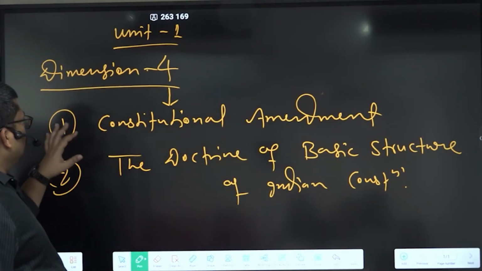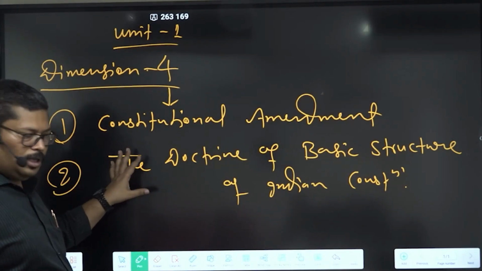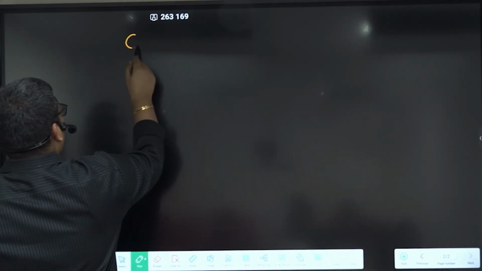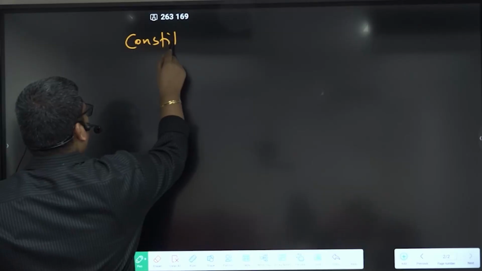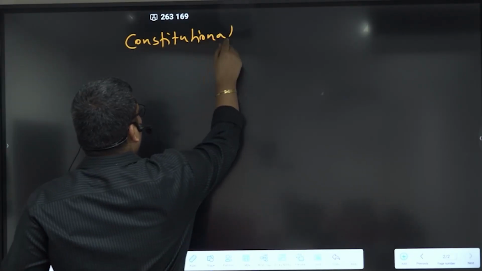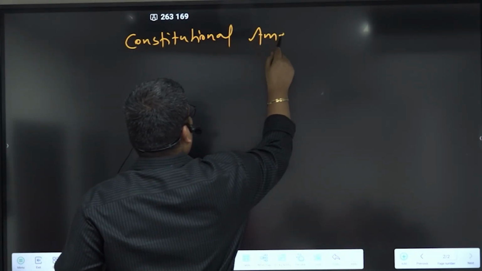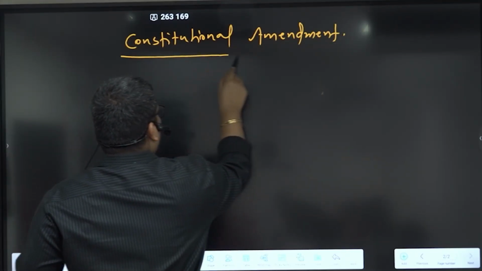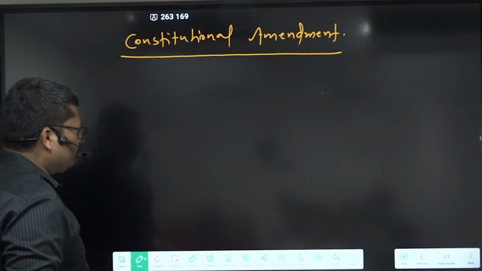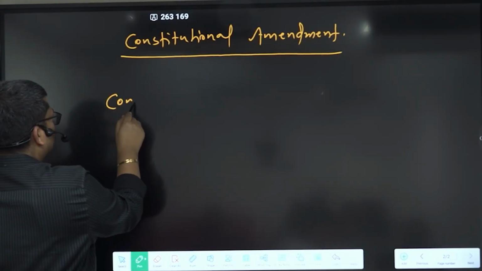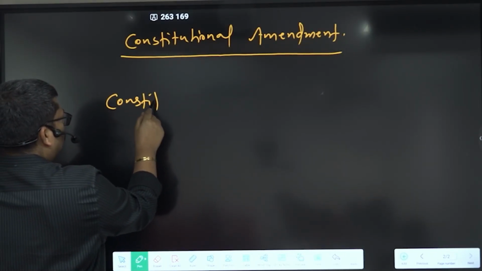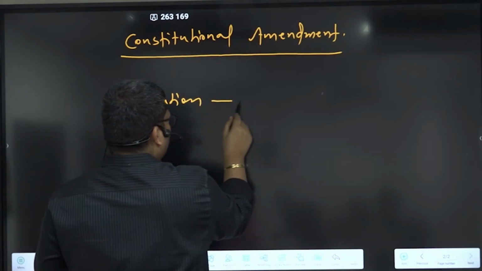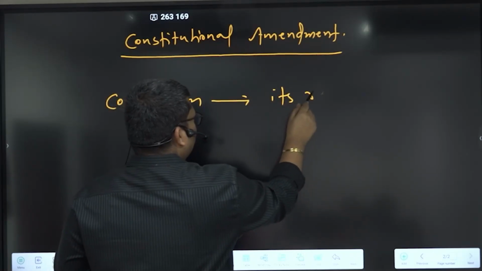So let's put down the heading constitutional amendment. See, Constitution is represented through its provisions, right?